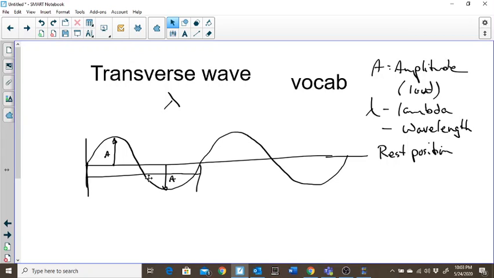That represents a wavelength. Here it's coming down, and I really drew this badly, so this should be where it's coming back down as well. I was not very consistent in my drawing. Anyways, that's the wavelength, from one position on the wave to the next position on the wave.